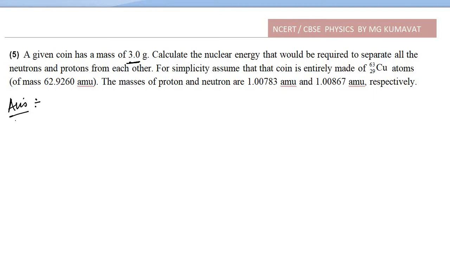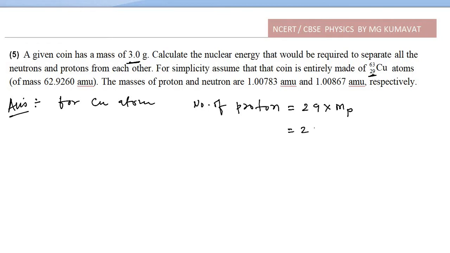Here we know that the mass of nucleons in the free state is always greater than in the binding state. For a copper atom, the number of protons is equal to its atomic number, that is 29, multiplied by the mass of each proton.